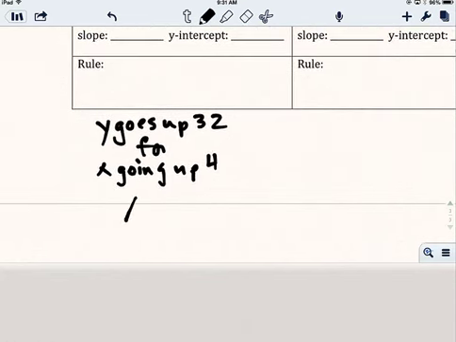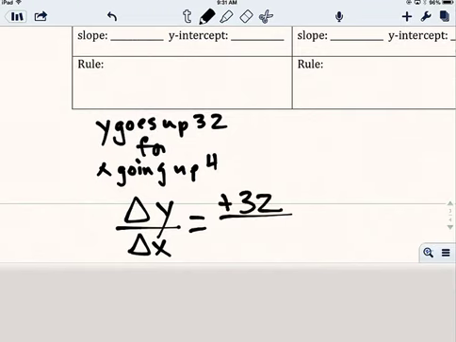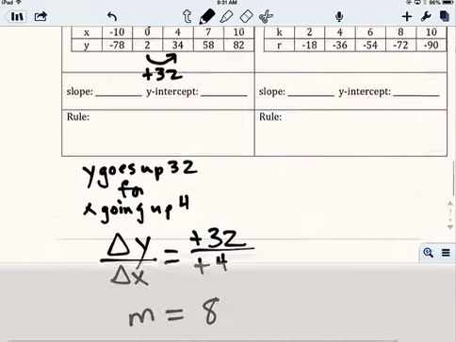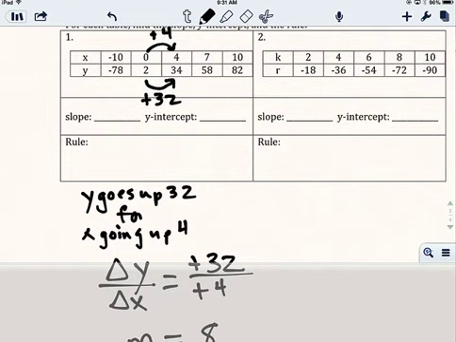Another way you can write that, and this is going to be delta y, the change in y over the change in x: y goes up 32, that's how y changes, so that's plus 32. x changes by going up 4. And if I want to find the unit rate, I do some division. 32 over 4 is going to give me 8. And so my slope is 8 there. What that means is that if I were to expand this table, it would be going up by 8 every single time x goes up by 1. And you can kind of see that.